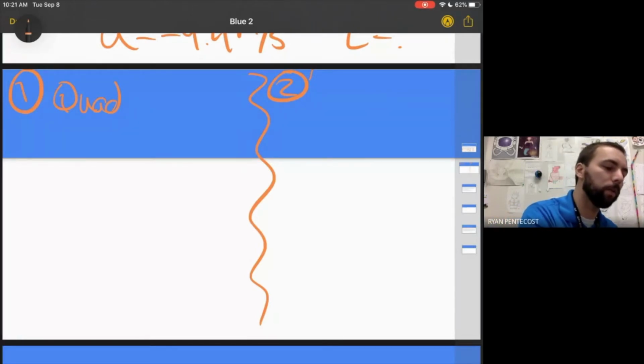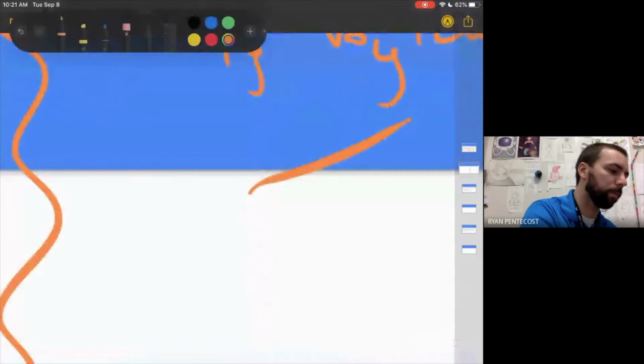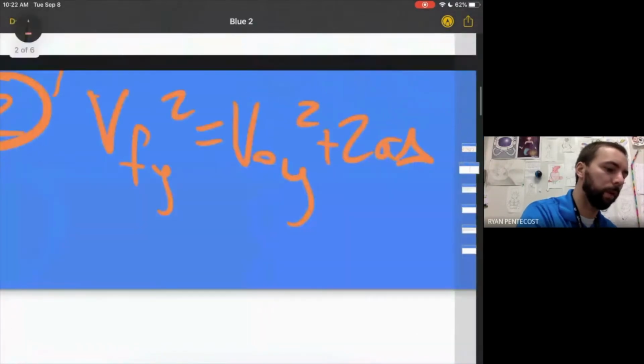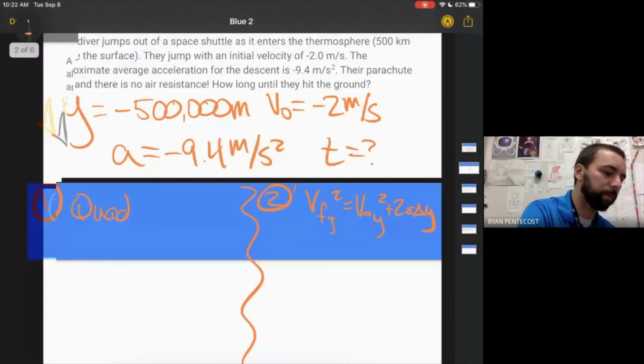So what we can do is you can use the vfy squared equals v naught y squared plus 2a delta y.